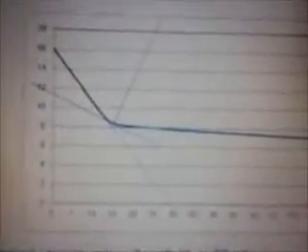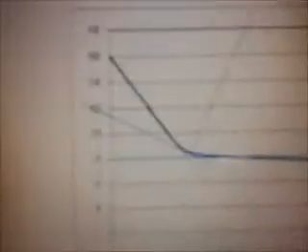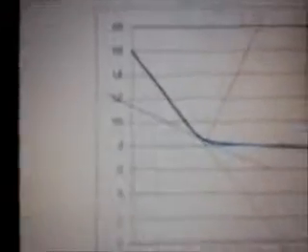So here I've made a graph using Excel. So these are the values. We just plot it there, and then first things first, make a straight line passing through the initial height.